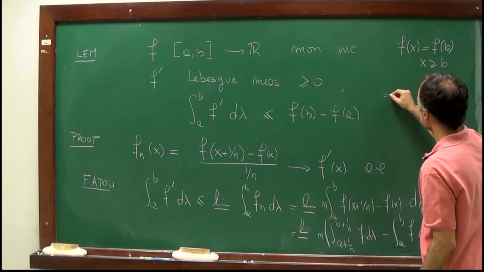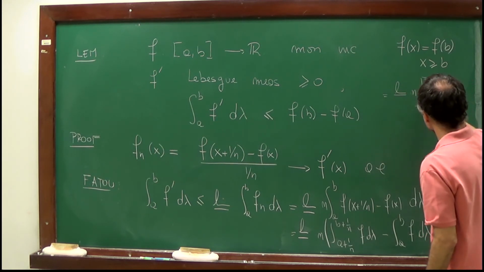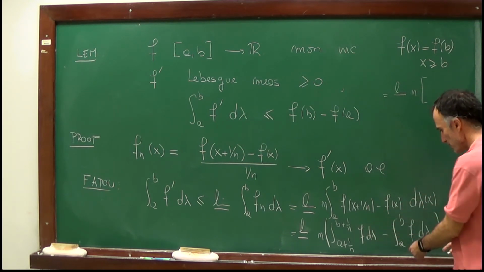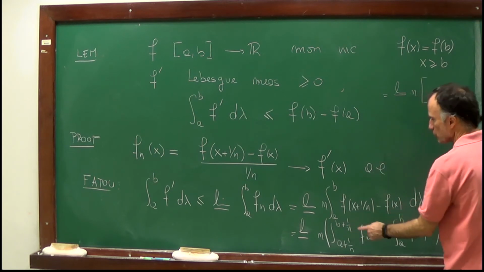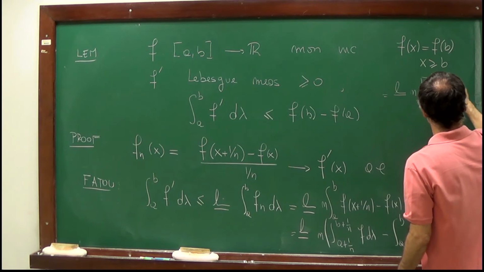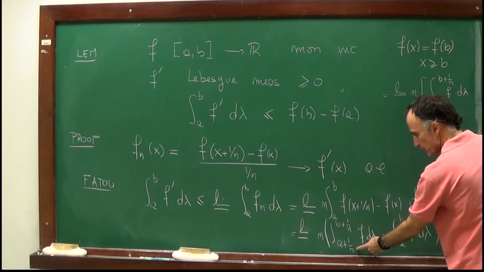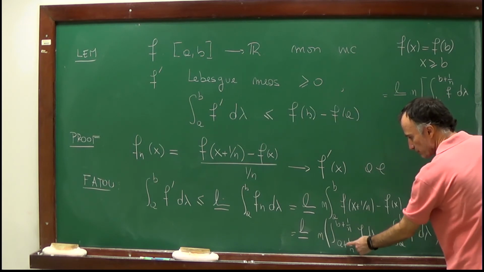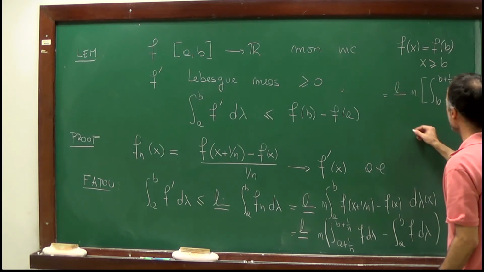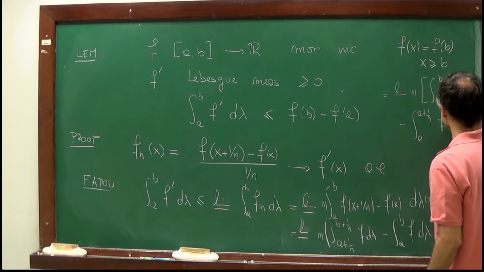So this is equal to the limit inf of n times, so what remains? Well, what remains when I take this difference is the integral from b to b plus 1 over n of f d lambda, and here, since I'm integrating only starting from a plus 1 over n, while here I'm integrating from a, I have minus the integral from a to a plus 1 over n of f d lambda.